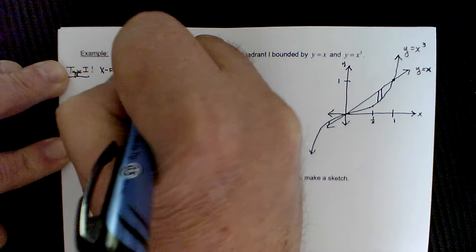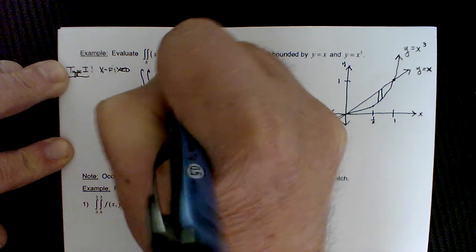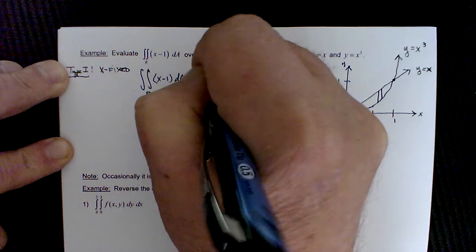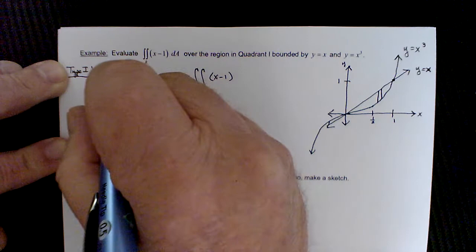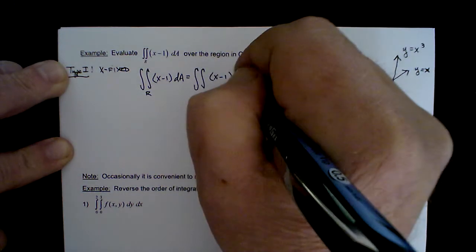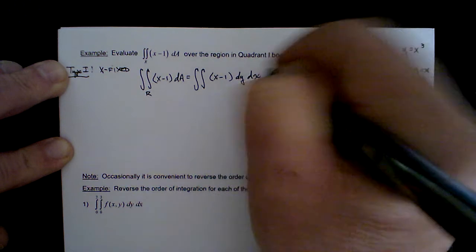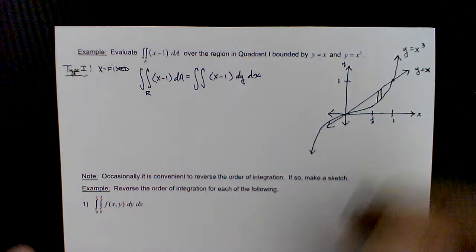And so we'll have the double integral over the region of the function x minus 1, which is the double integral of x minus 1. Since we decided to fix x as the outer, so dy dx. And then we can fill in the limits of integration for x.